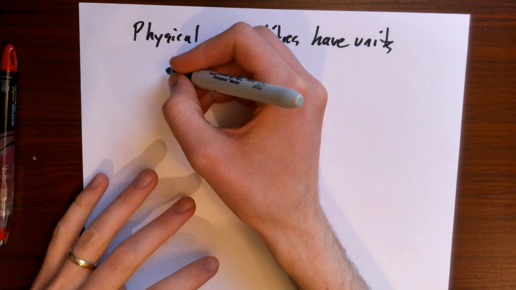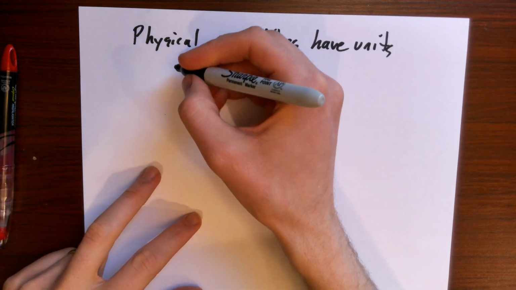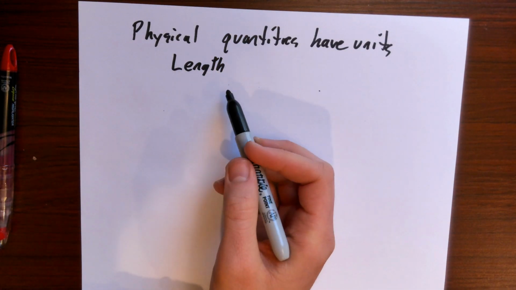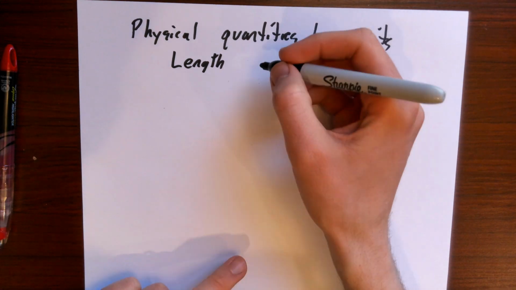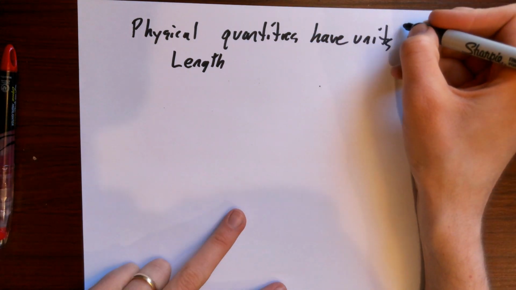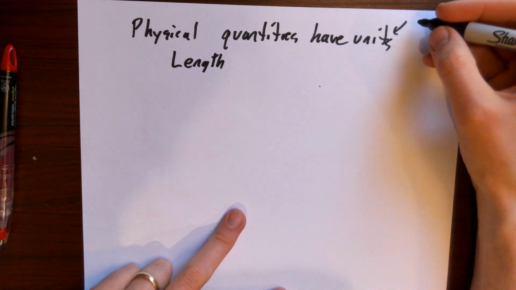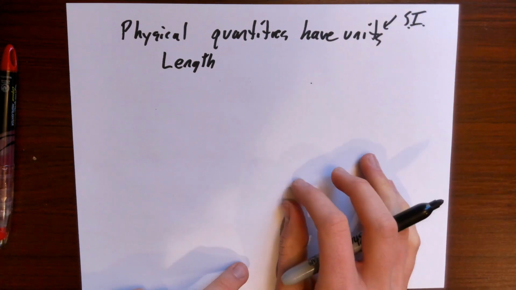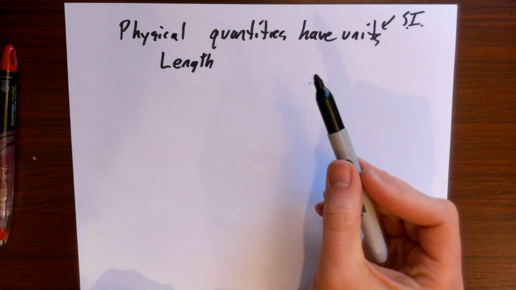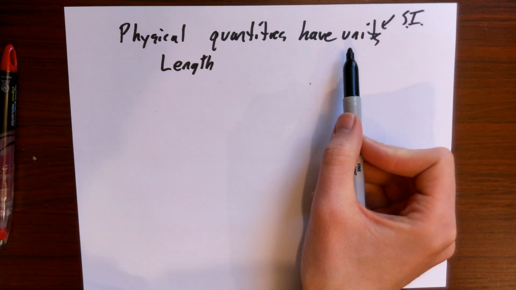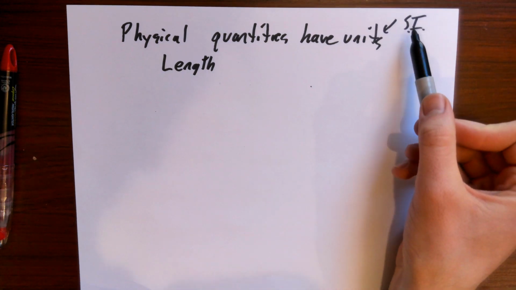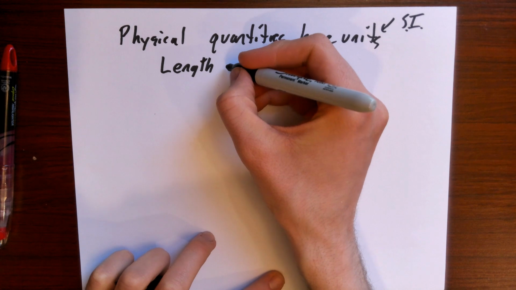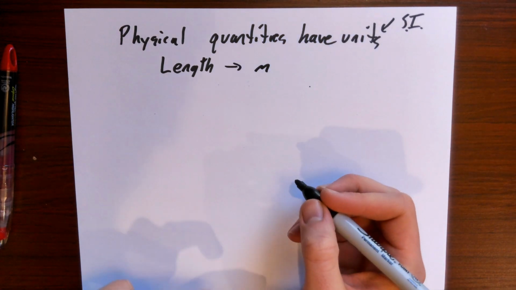For example, if I wanted to tell you how long this marker was, I'd be talking about its length, and almost always in the context of this course, I'm going to be talking about SI units. I don't want to confuse people with two separate unit systems. So physical quantities have units, and grown-ups use SI units. And if we think about length, the SI unit of length would be meters.